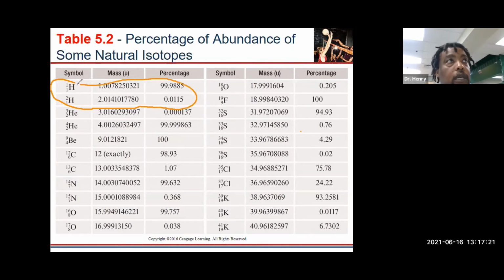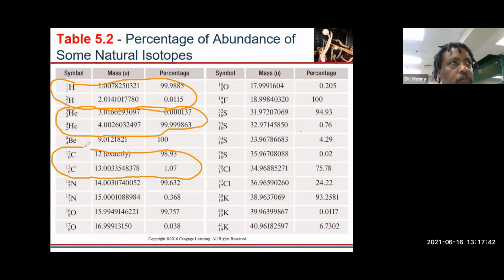For helium, we have helium 3 and helium 4. For beryllium, we only have the one isotope that mostly exists. For carbon, carbon 12 and carbon 13. Nitrogen 14, nitrogen 15. You can see so on and so forth. Some of them have more isotopes.